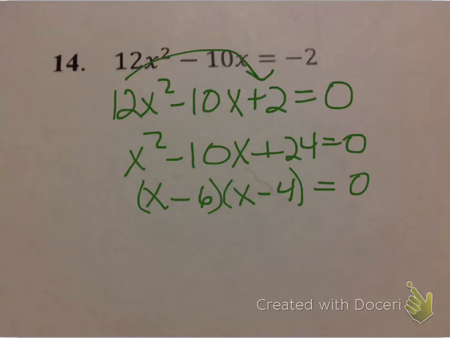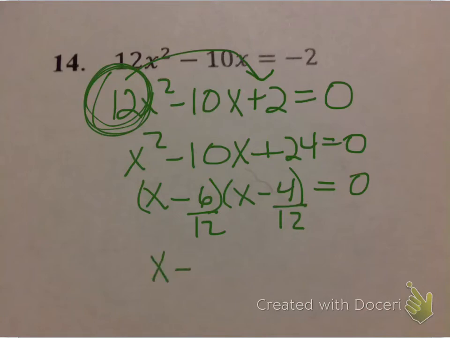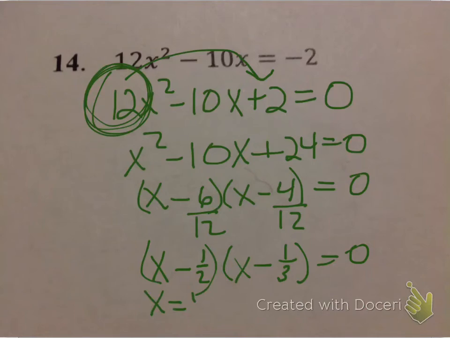A lot of people wanted to give this as the solution. But remember, you multiplied by 12. You have to divide by 12. So I have x minus 1/2, and I have x minus 1/3, and my solutions are x equals 1/2 and x equals 1/3.